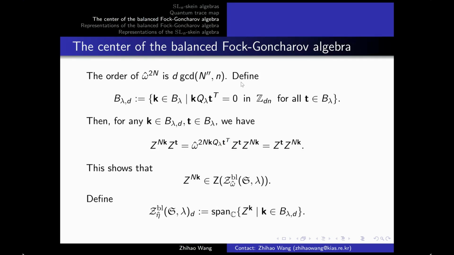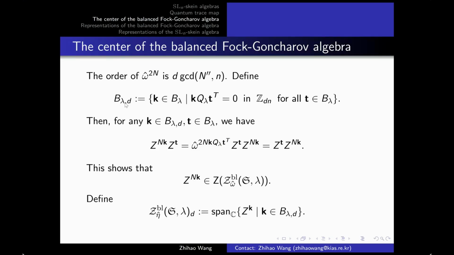And then we define this b lambda d to be this subgroup of b lambda. It's just for all k in b lambda such that q lambda t transpose is 0 in zdn. I mean, this is just the product for vectors and matrices. We just regard this as the row vector. So this is the definition for b lambda d.